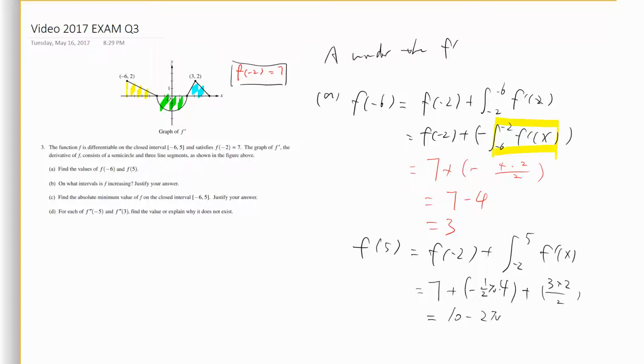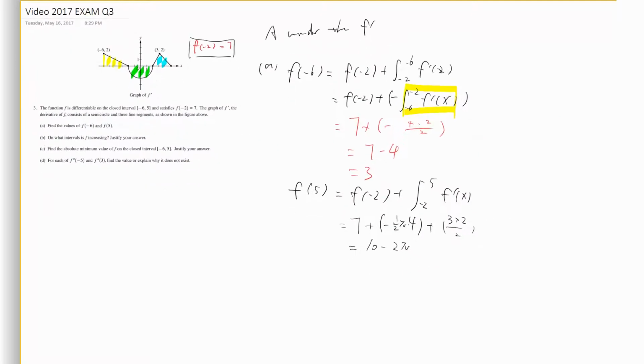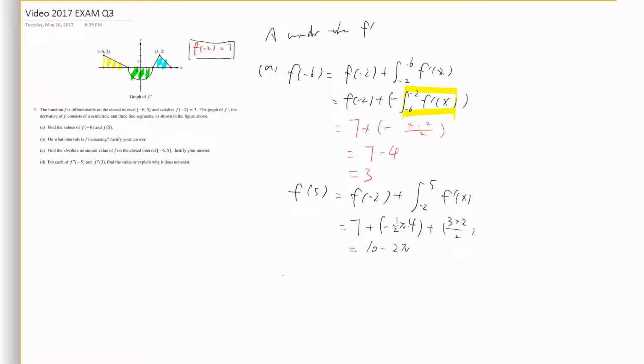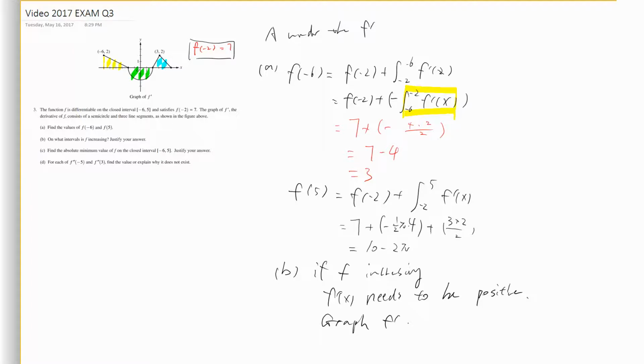Alright, question B. On what interval is f increasing? Justify your answer. When we ask about f increasing, we know that f prime of x needs to be positive. Looking at the graph of f prime, the intervals where f prime of x is positive are from -6 to -2 and from 2 to 5.